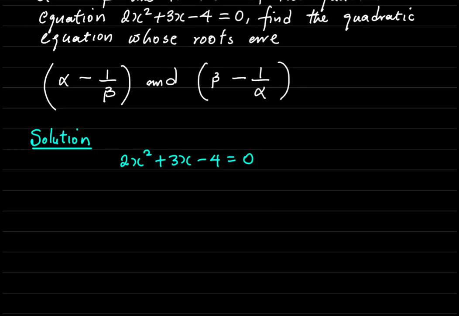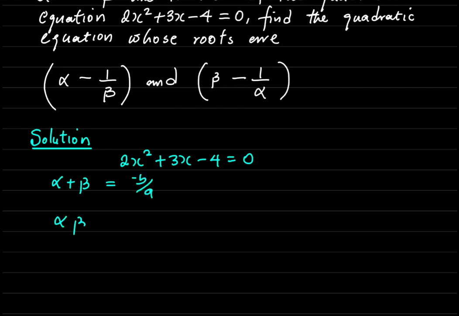Now, since you are told that alpha and beta are the roots of the equation, we need to get the sum of roots and the product of roots, just as we did previously. That is going to help us to find the equation we are asked to find. So we have alpha plus beta, which is minus b all over a.